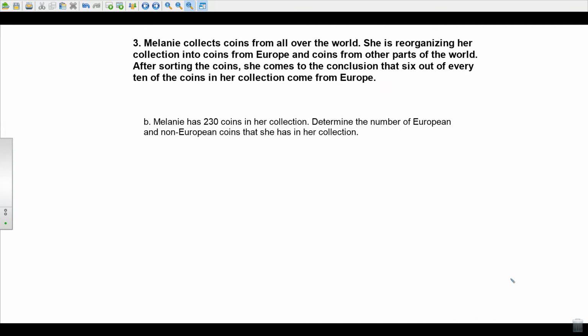Part B, it says that she has 230 coins in her collection. This is a total. Determine the number of European and non-European coins that she has. So let's think back to our ratios here. European is 6 out of 10. Non-European was 4 out of 10.